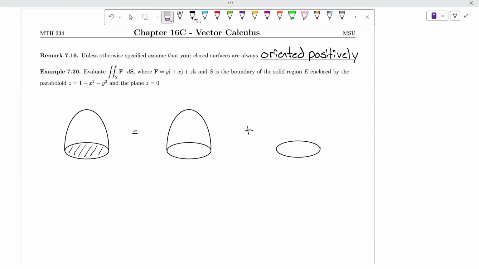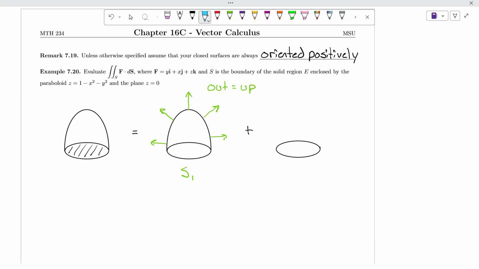Let's give that thing a shot. If I look at surface number 1, call it S1, its outward pointing normal vectors all are going to look like this. Outward, or out, is up on surface number 1.